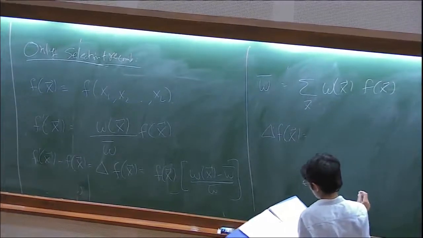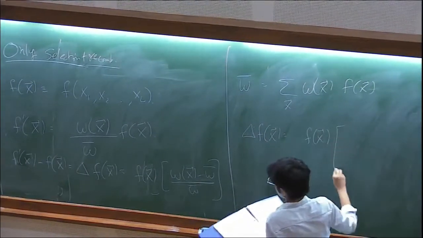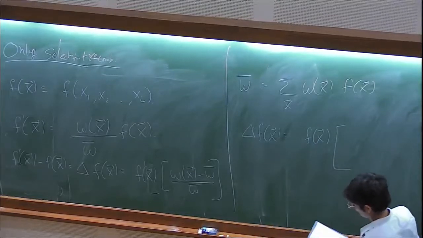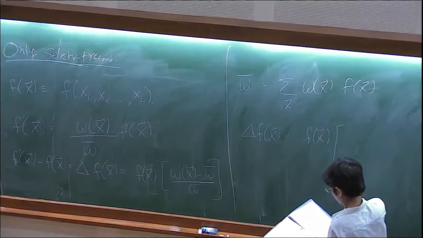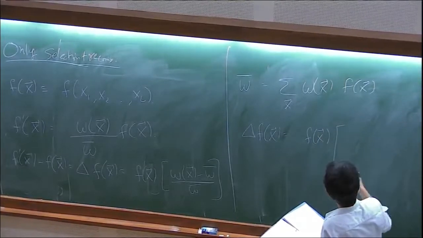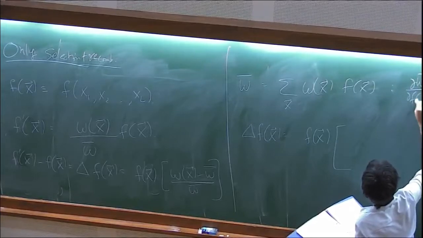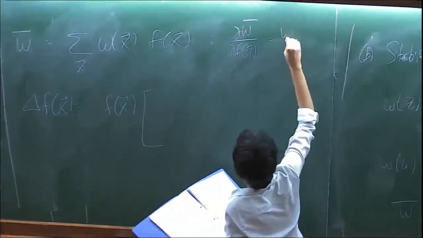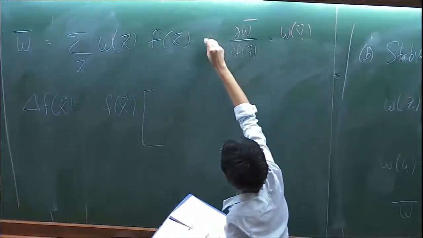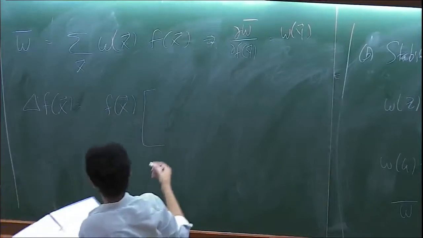So I'm going to write this guy as: dw bar, or df with respect to some other state, is equal to w y vector, right? So I'm going to use that and replace this w.